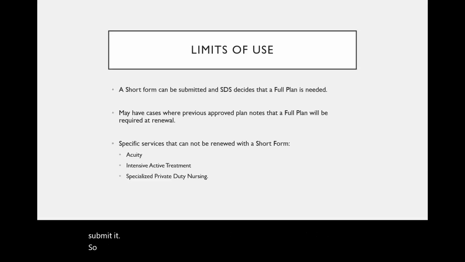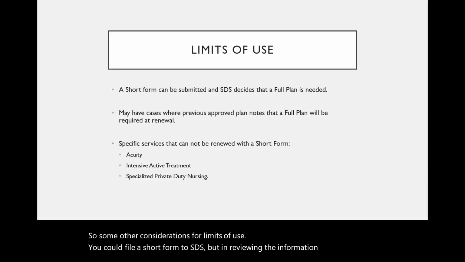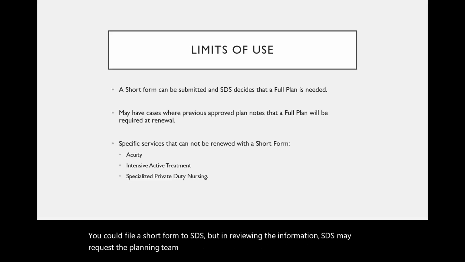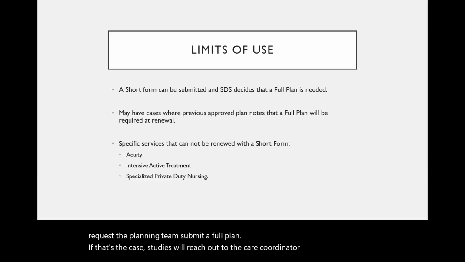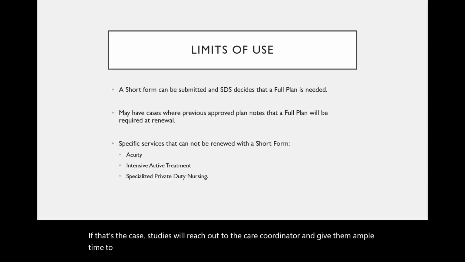So some other considerations for limits of use. You could file a short form to SDS, but in reviewing the information, SDS may request the planning team submit a full plan. If that's the case, SDS will reach out to the care coordinator and give them ample time to coordinate with the planning teams to produce a full plan.